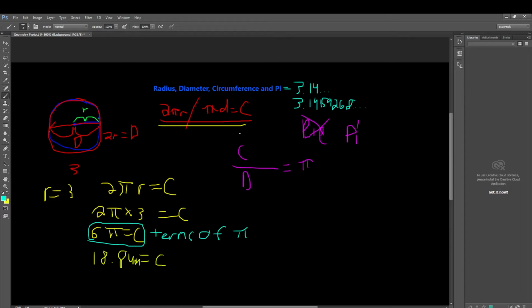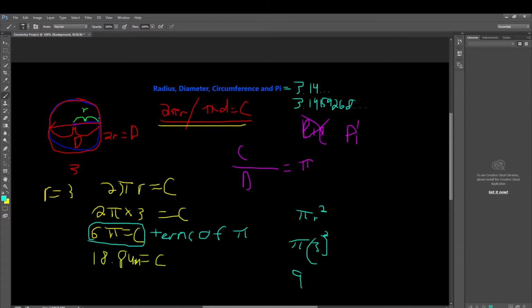So say that the area is going to be pi r squared. And let's just keep the same numbers here. Let's just say pi times 3 squared.